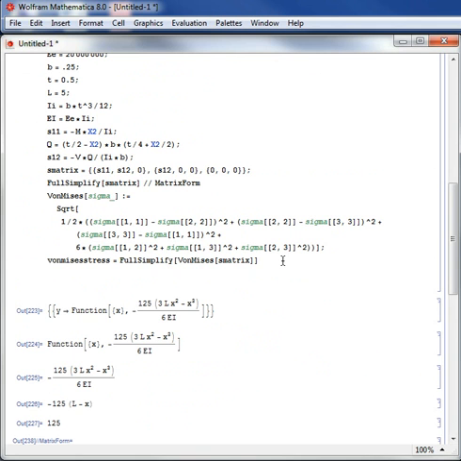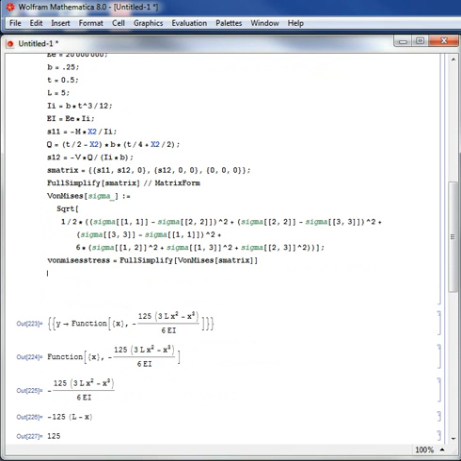Okay, so the first thing is how to plot a contour plot for all this. I would like to plot the contour plot of sigma 1, which is S11. I would like to draw it for x between 0 and 5, and x2 between negative 0.25 to positive 0.25.